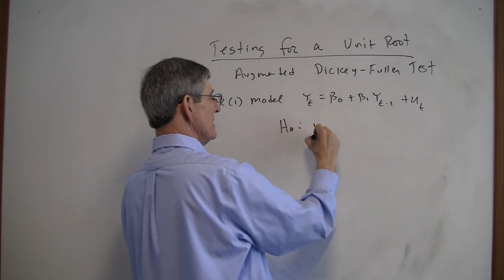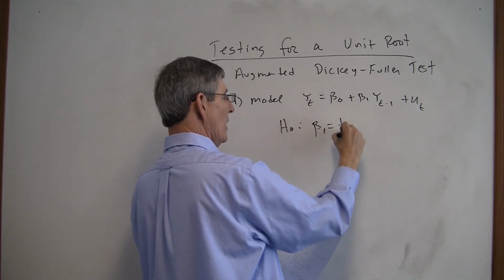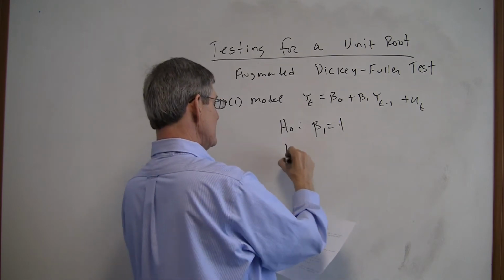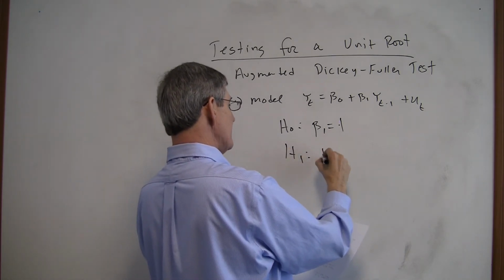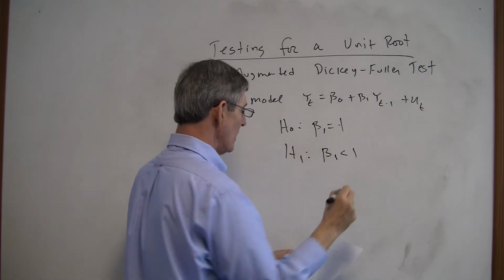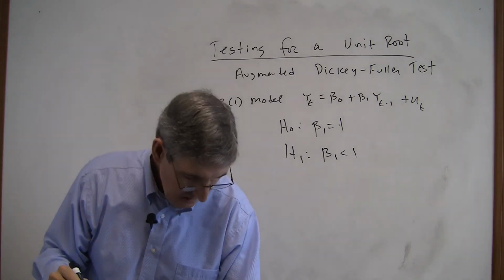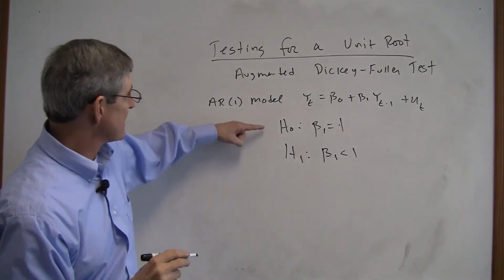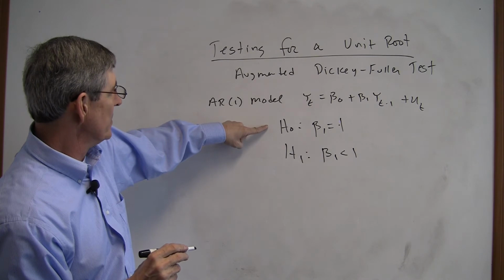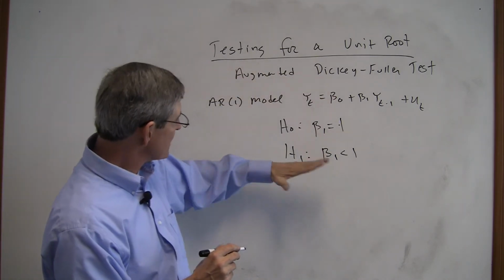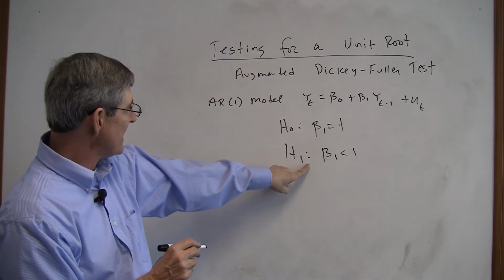I want to test, does beta 1 equal 1 versus the alternative? This is a one-sided alternative. Beta 1 is less than 1. So the null is a unit root. Is there enough evidence to reject the unit root in favor of stationarity?